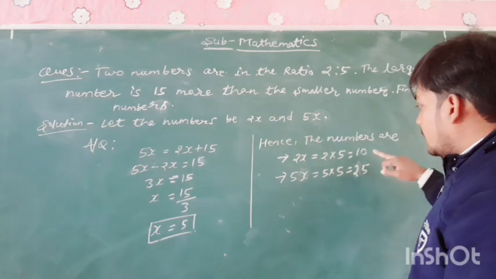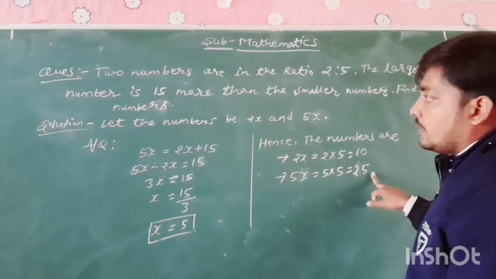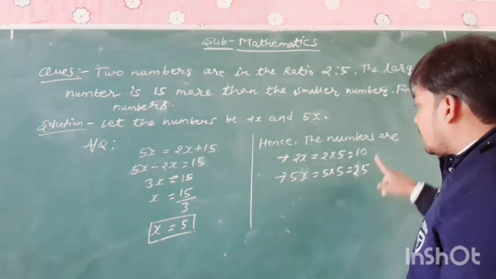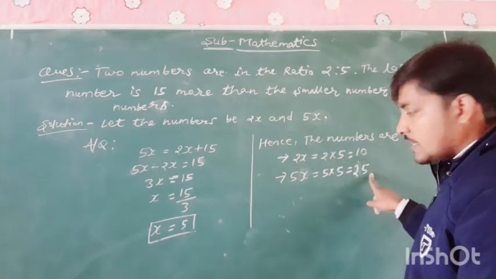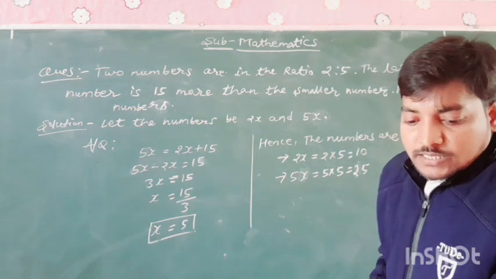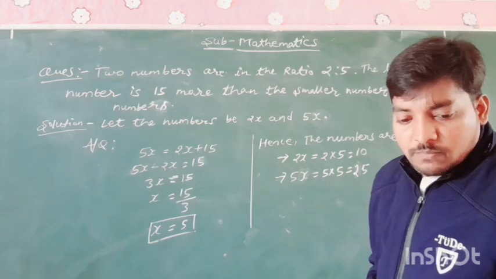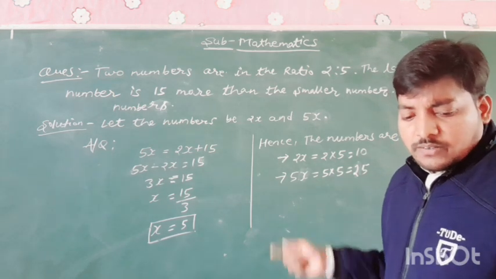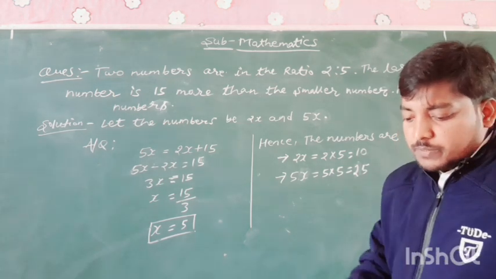So the numbers are 10 and 25. Here the smaller number will be 10 and larger number will be 25. In this process, we have to solve a new question which is related to ratio and proportion.